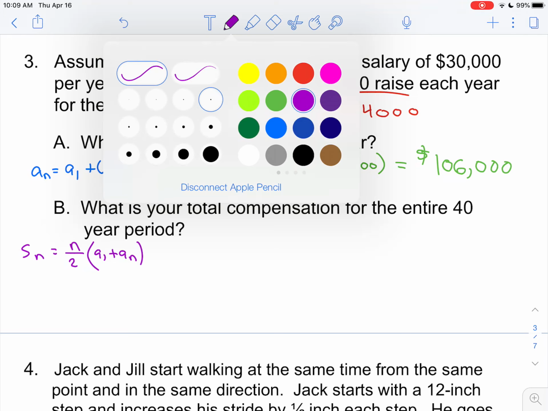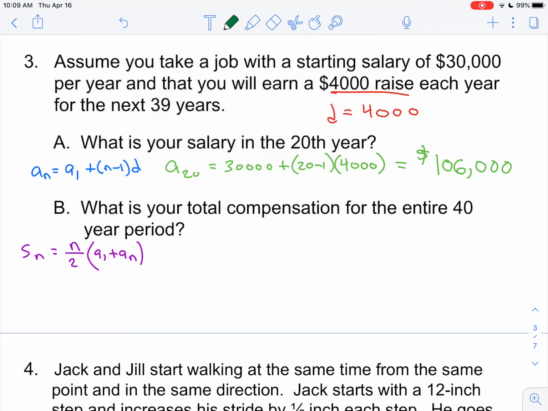So let's pretend I want to jump straight into my sum formula. S sub 40 equals 40 divided by 2 times the first term, 30,000 plus, oh, here's where I'm stuck. I don't know my salary in the 40th year. So now somewhere off to the side or down below, I have to figure out A sub 40.